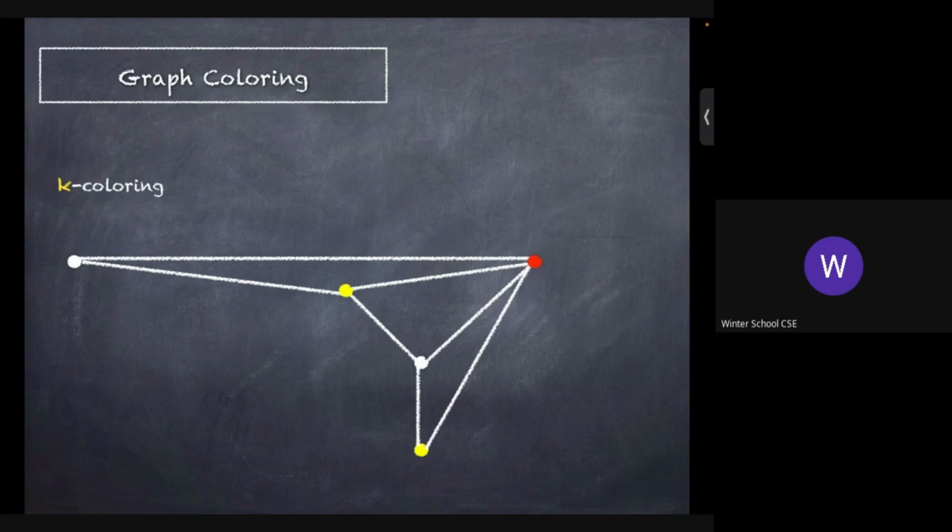The only condition this coloring should satisfy is that any 2 adjacent vertices in this graph should be colored in different colors. So this is an example of a 3-coloring of the graph. You see, I'm using 3 colors: color 1, color 2, and color 3.